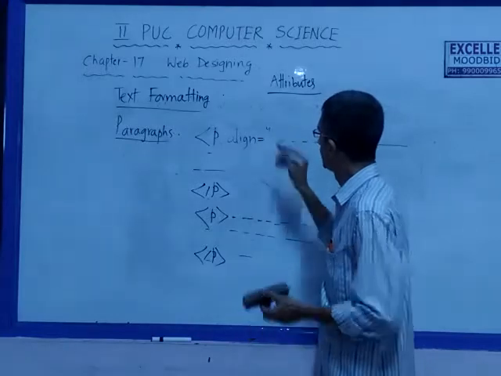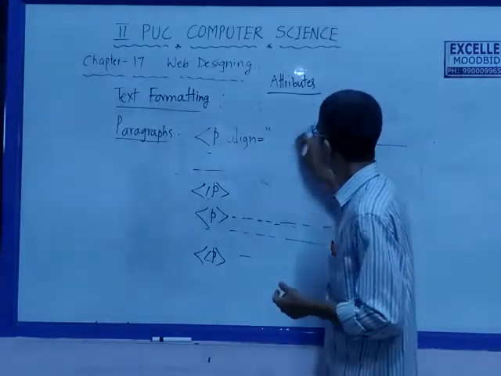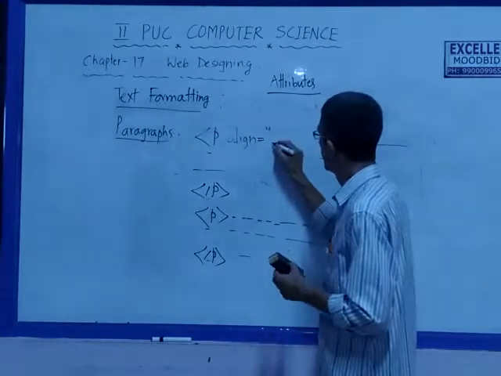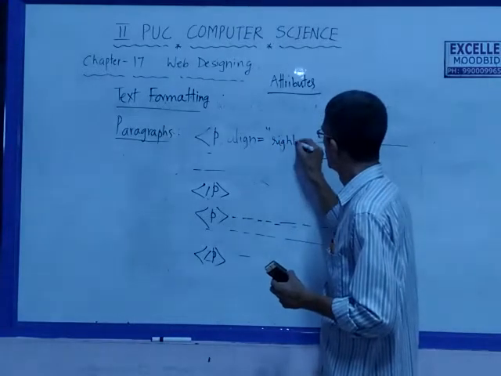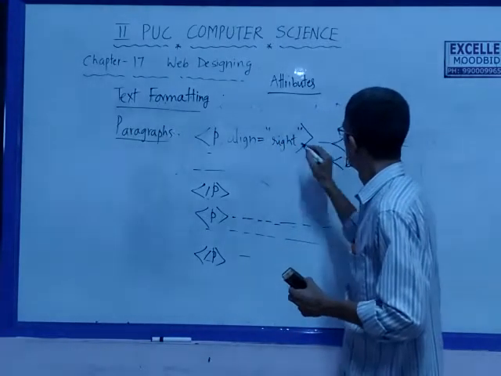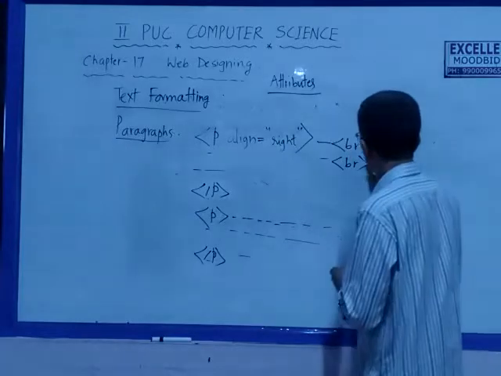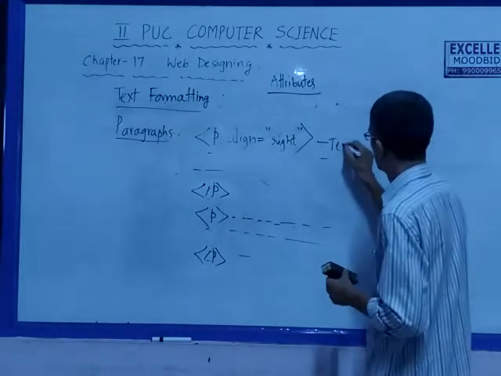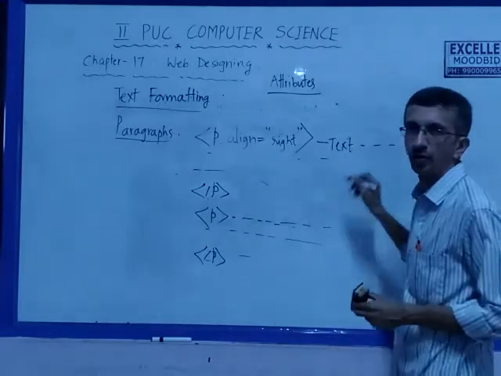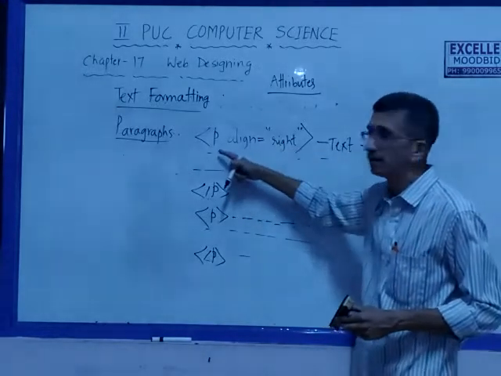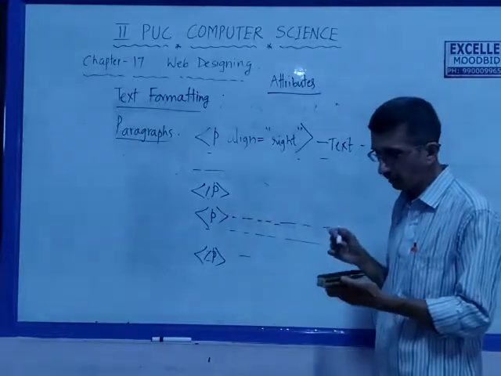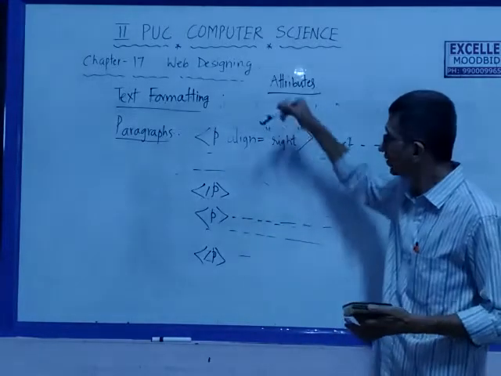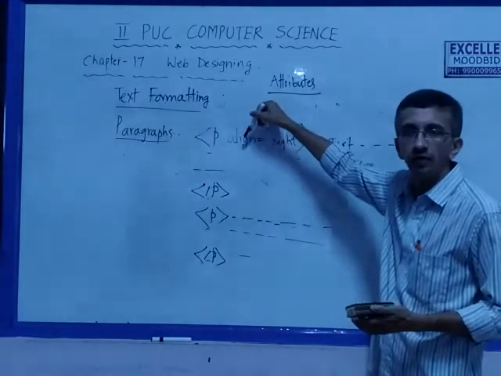Align is equal to, suppose, left, right, like this. Then the text here, next any text. Whatever text you write within P and close P, the paragraph tag here has an attribute like align. This is one of the simple attributes of a paragraph tag.